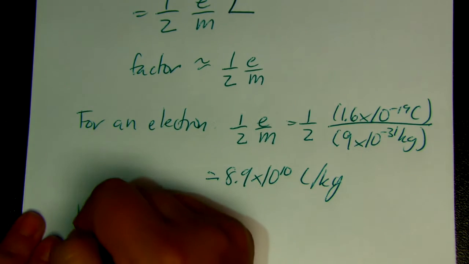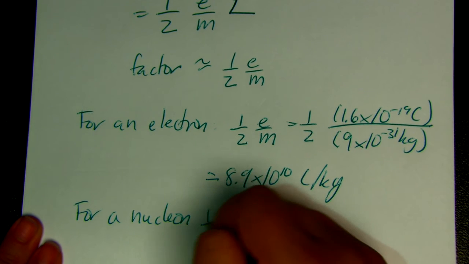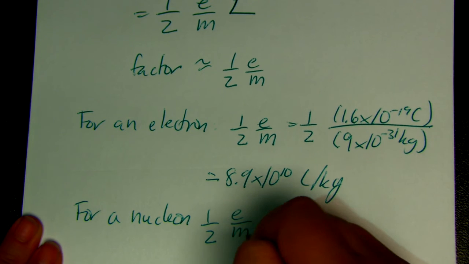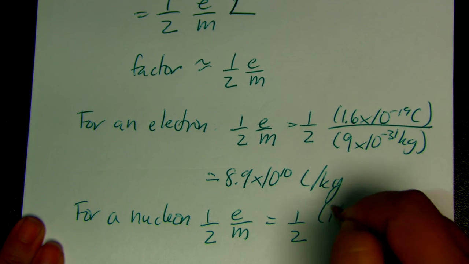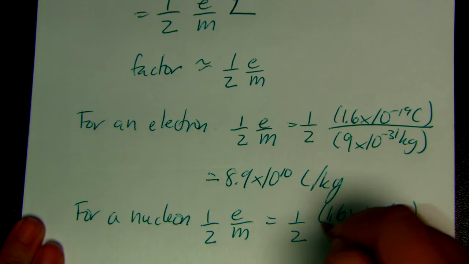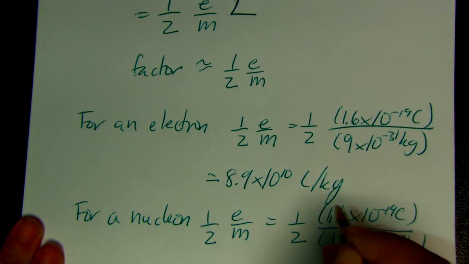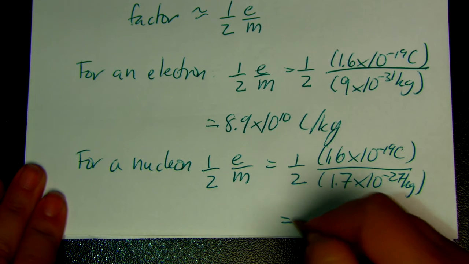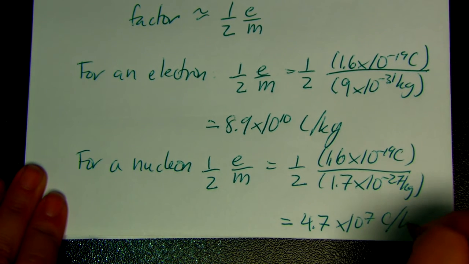And for a nucleon, 1/2 e over m is equal to 1/2 times 1.6 times 10 to the minus 19 coulombs over 1.7 times 10 to the minus 27 kilograms, which is 4.7 times 10 to the 7 coulombs per kilogram.